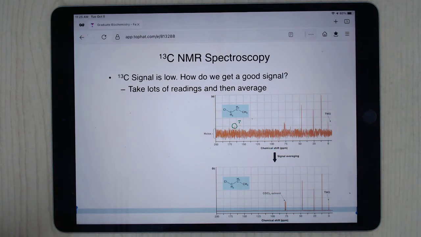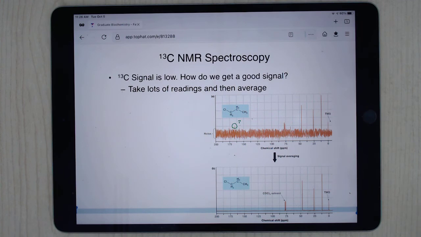Now, if I flip a coin and it's heads, I give you $1, and if it's tails, I also give you $1, you're winning every time. You're getting signal every time. Even though it's not a lot, after 1,000 flips you're going to have $1,000, right? That's what's happening: each scan gives a little bit more.